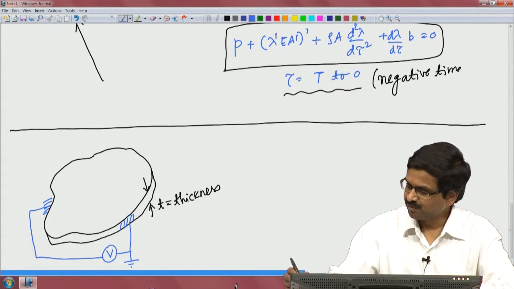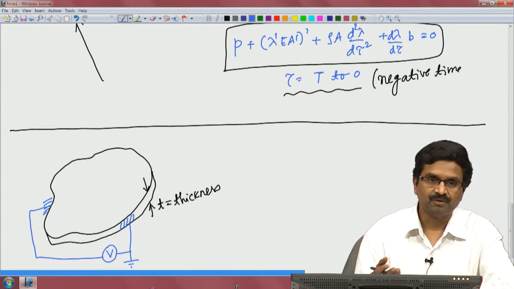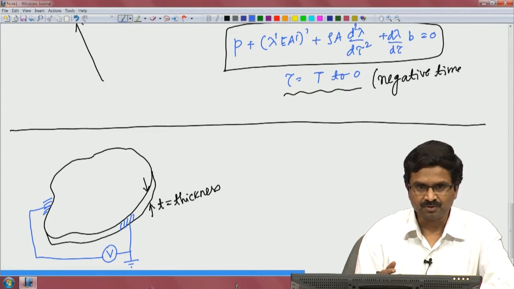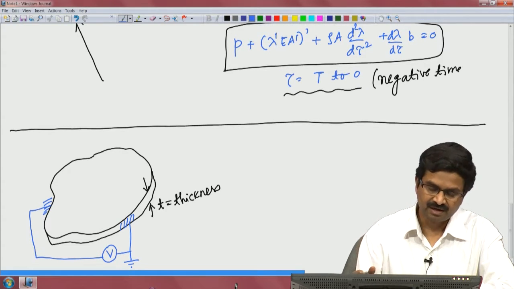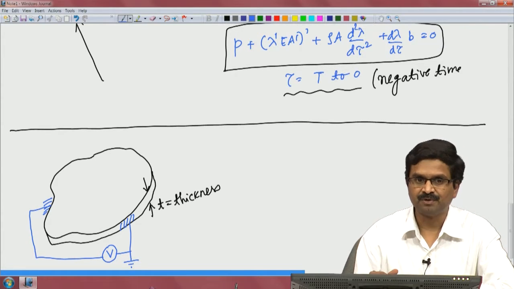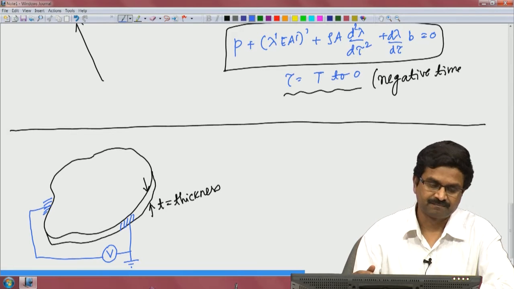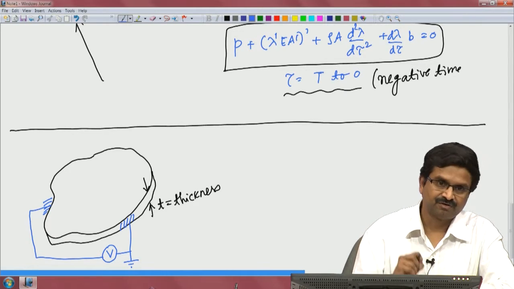When you apply voltage and if it is a conductor, there will be current going through it. When the current goes, it will develop heating, what we call ohmic heating or Joule heating. Because of the heat, the structure will experience thermal loads and it will start deforming. So, we would like to minimize that deformation.